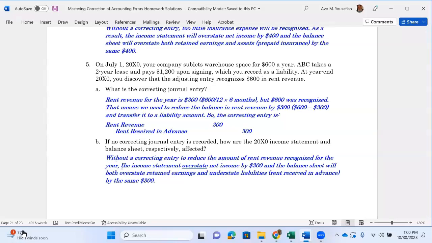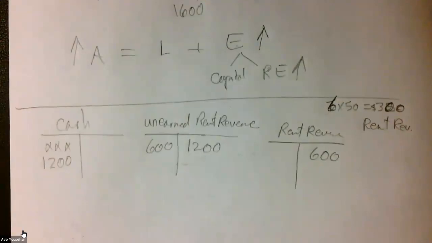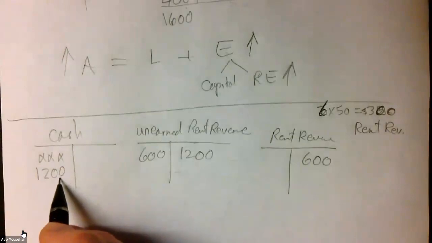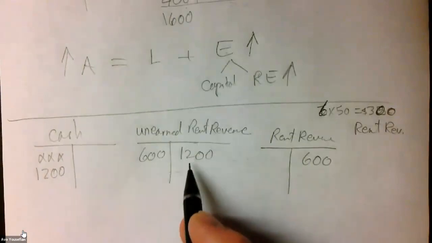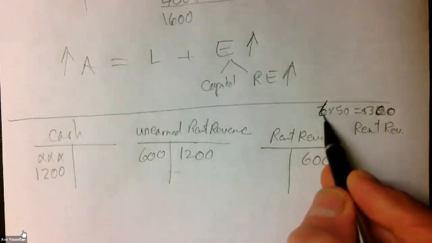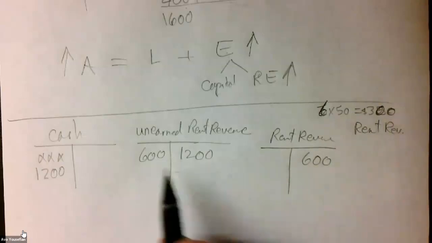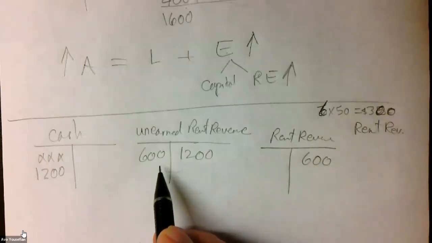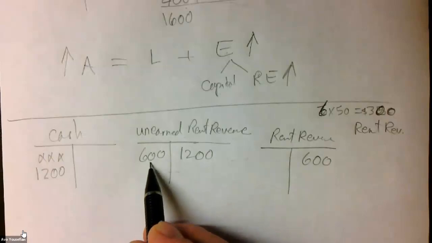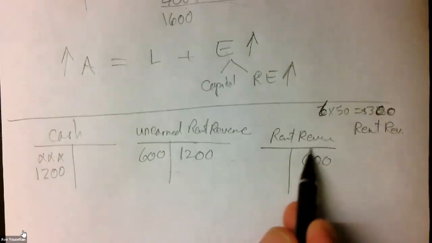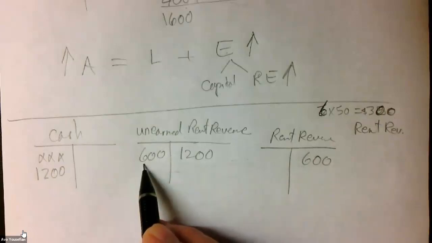So stop sharing. This is what I was writing when I was reading it. Cash was debited, unearned revenue was credited. By end of the year, we should recognize 6 months times 50, which is $300 rent revenue. But someone in our company recorded $600 of rent revenue by doing credit rent revenue, debit liability.